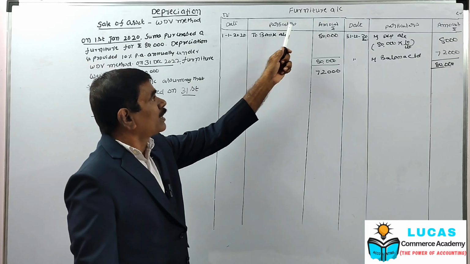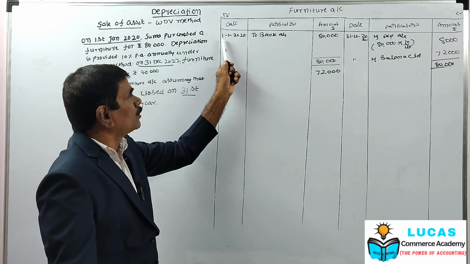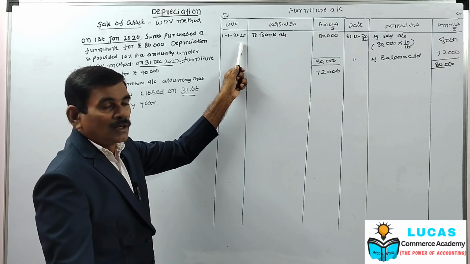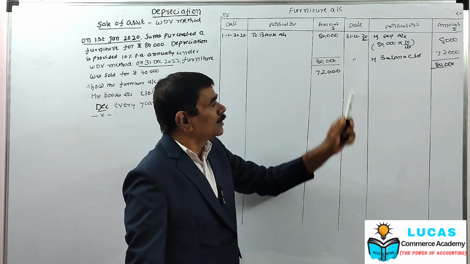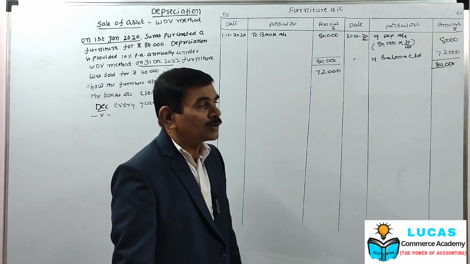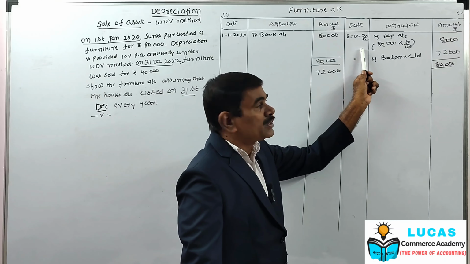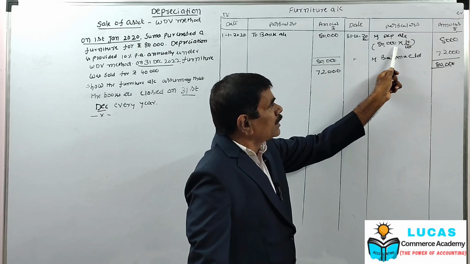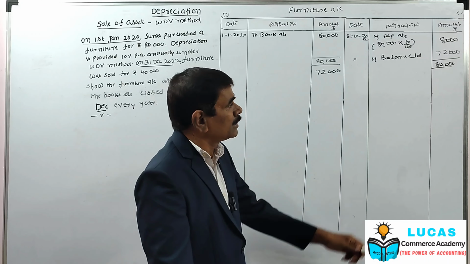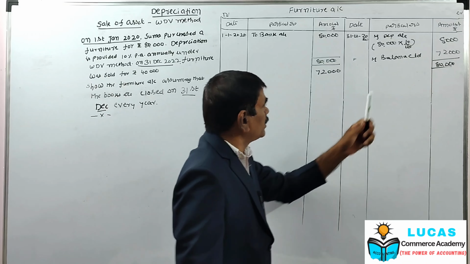The journal entry is furniture account debit to bank account on 1/1/2020. No transaction takes place between 1/1/2020 and 31/12/2020. Then provide depreciation on 31/12/2020: by depreciation account, 80,000 into 10/100, 8,000. So the balance carried down is 72,000.